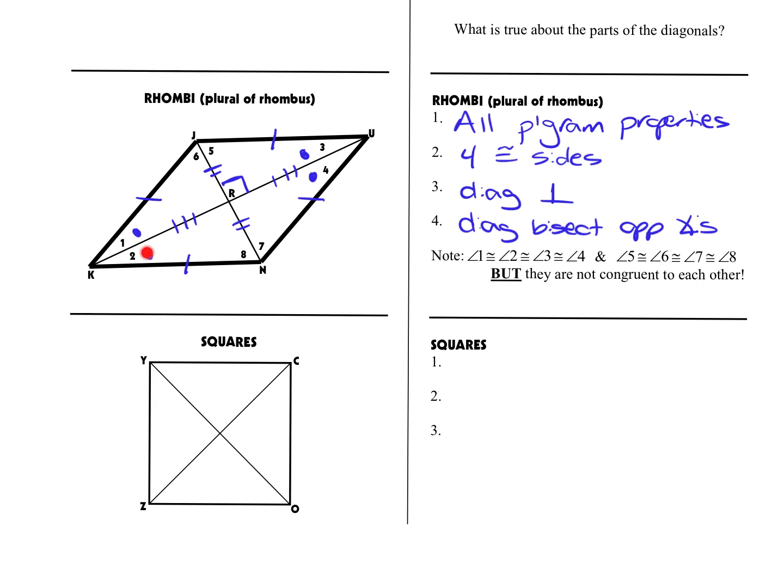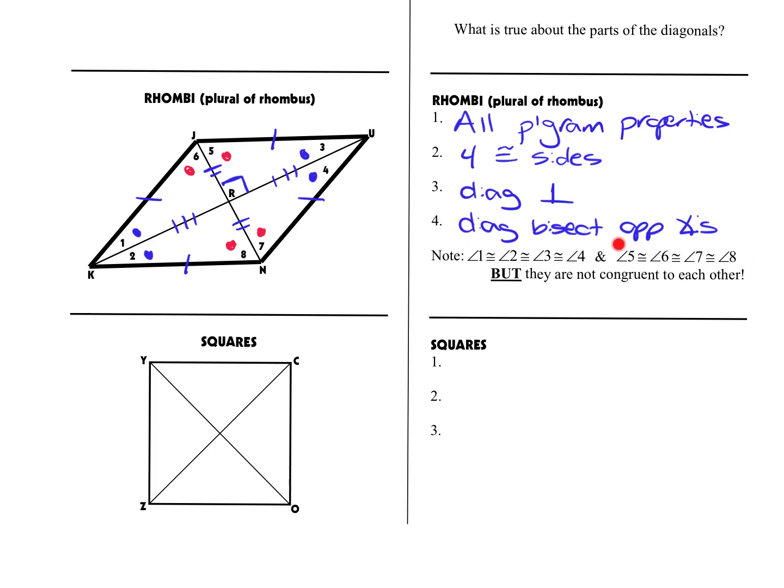I like to just put four of the same colored dots there, and I think that's a little easier to read. The other thing then is that these opposite angles are congruent, so I can put matching color dots on those four angles as well. I just think that's a little easier to read than trying to match all of the little tick marks, but some of you will probably like that.